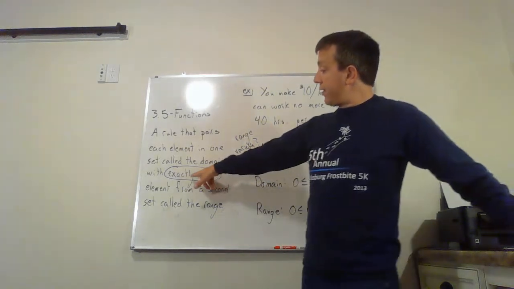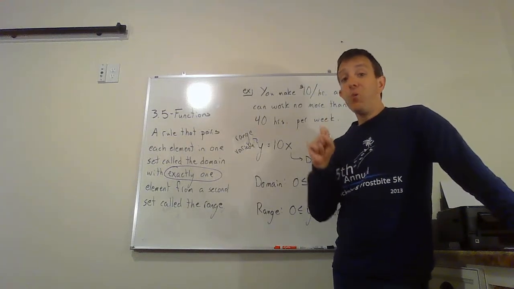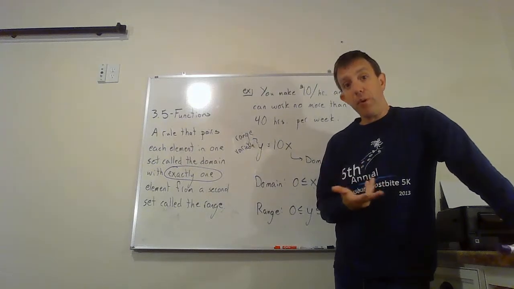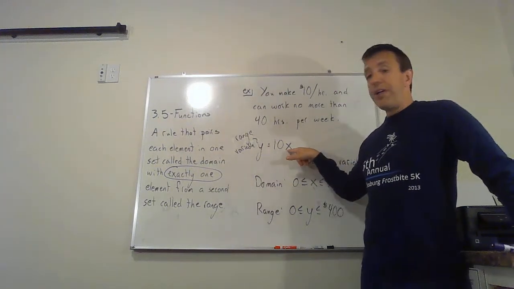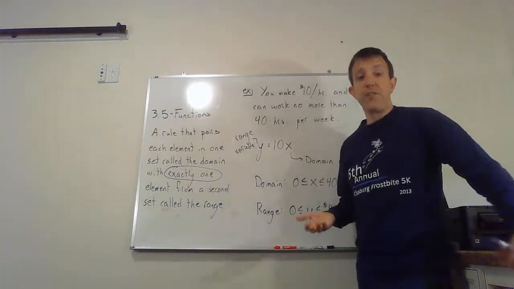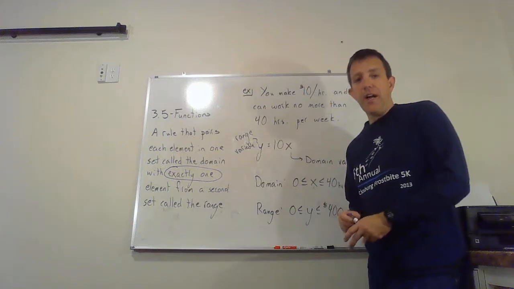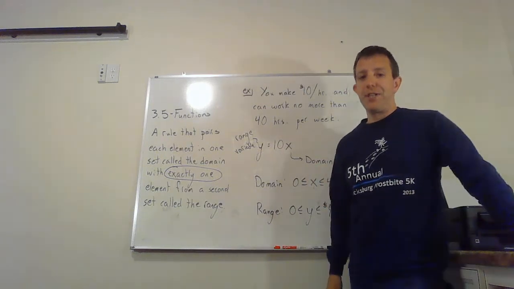The second part of it, though, is that "exactly one." Each domain variable can only be paired with one range variable, and this is really important, especially if this is your job, right? If you work 20 hours in a week, 10 times 20 is $200. You want to know that if you work 20 hours, you're going to make $200. You don't want to be left guessing how much money is going to be on your paycheck, right?